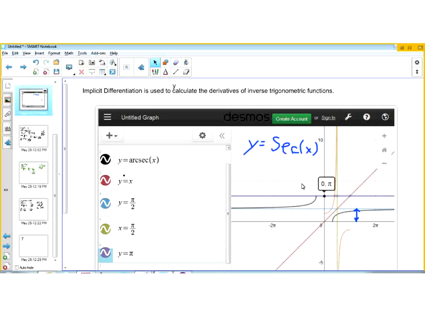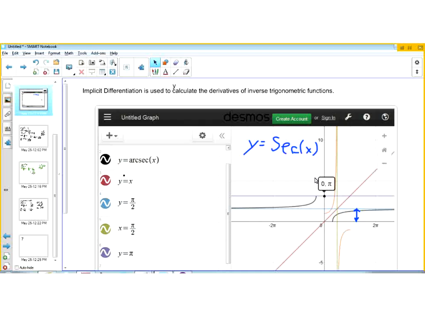I'm not sure what's going on here. It doesn't appear to be symmetric with the line y equals x. Let me check here. If we go between pi and 3 pi over 2, let's see here. Let me check a little piece of literature.